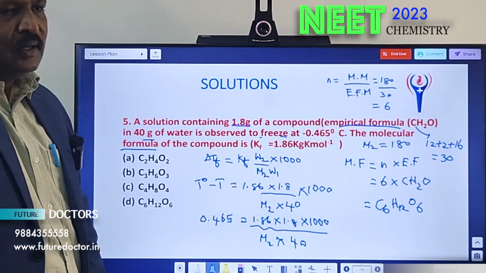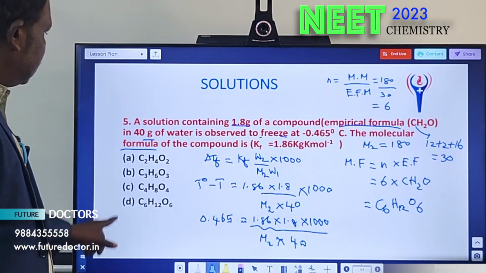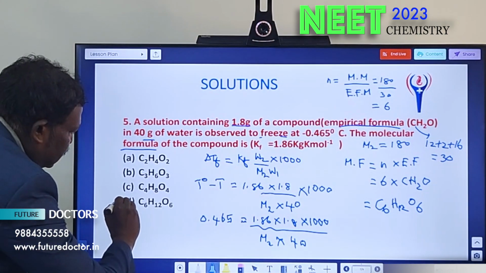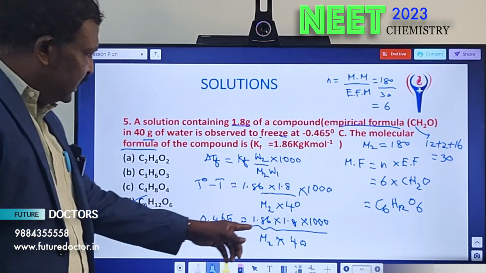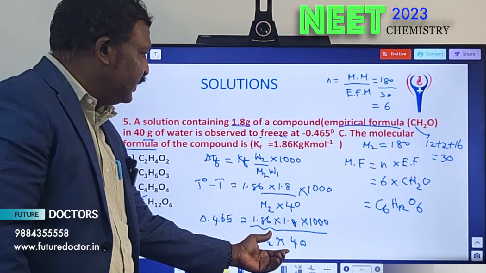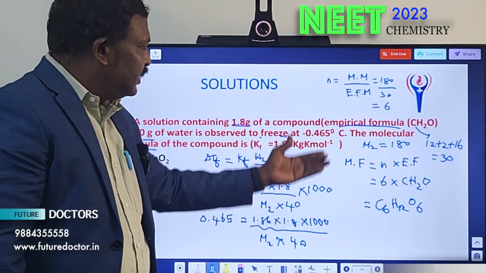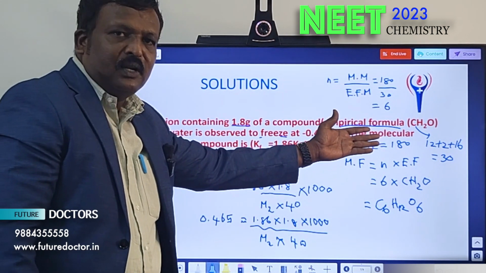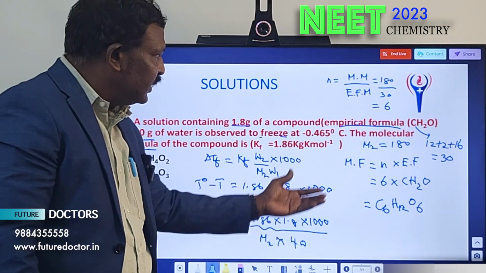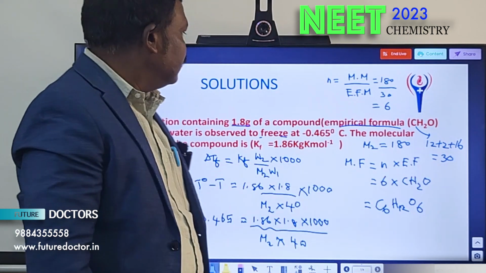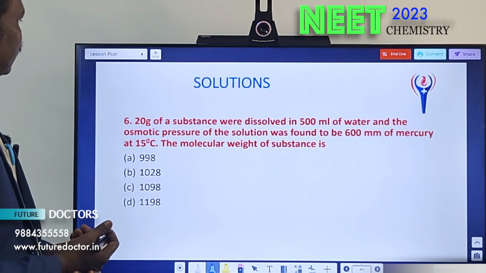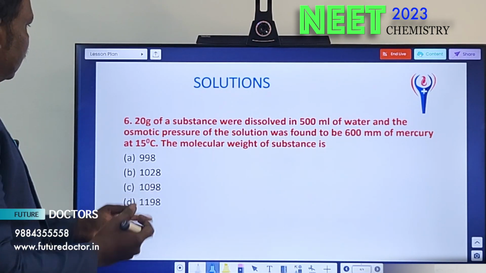So the answer is C6H12O6. So D is the correct option. Understood? This one is somewhat tough, you have to simplify. We mostly get known values like 180, not a decimal. From this we calculate the molecular formula. Understood?